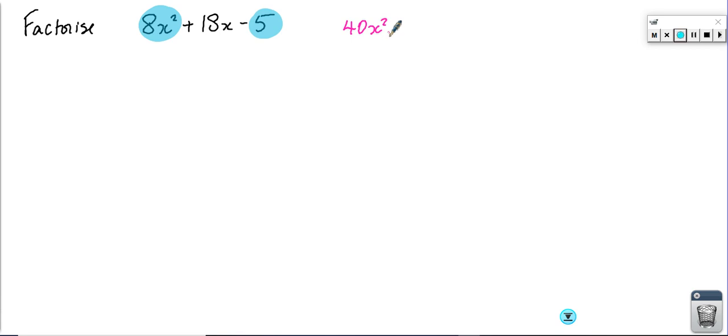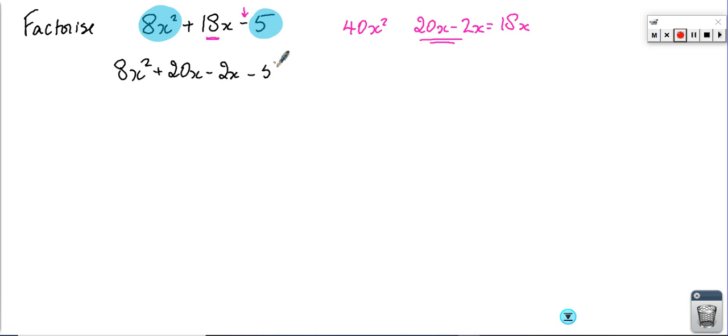Now I'm going to find two factors of 40 which, when subtracted this time because I have a minus, give me 18x, and that's 20 minus 2. Remember, 20 times 2 is 40. So instead of 18x, I'm going to write 20x minus 2x. So I have 8x squared plus 20x minus 2x minus 5.